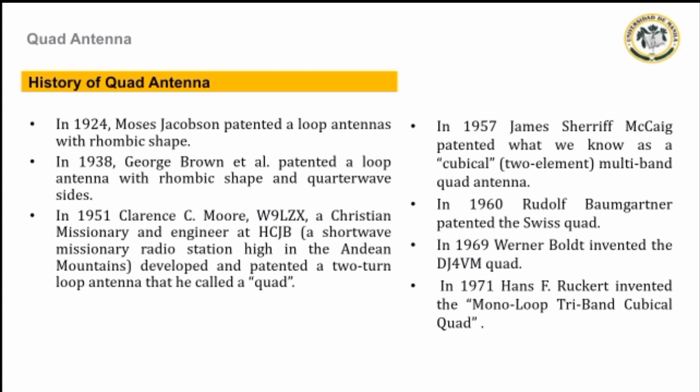The patent does include a mention and illustration of a 2-element unidirectional quad, and describes the time when the full wave loop concept was developed. Moore's design eliminated interference from coronal discharge, an effect which is inherent with a dipole but is absent in a quad because its elements have no ends.